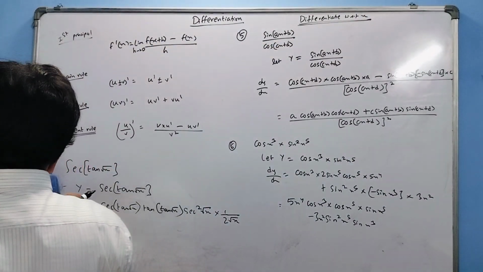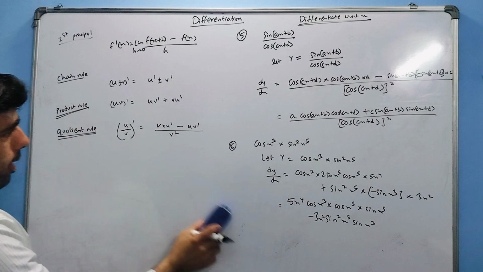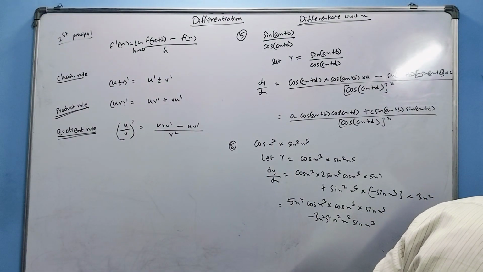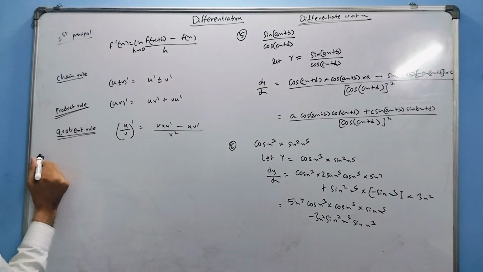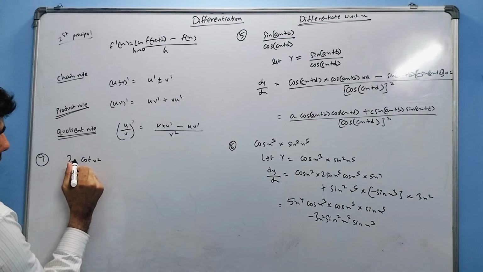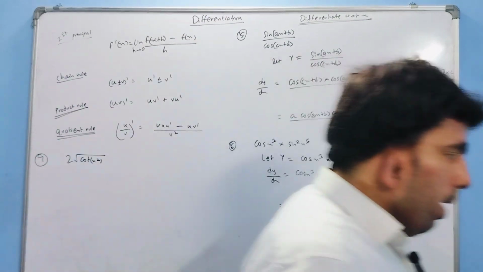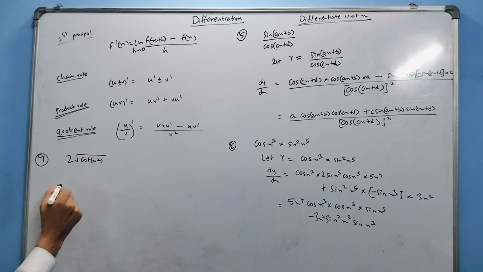Let us try to differentiate. Okay, so let us see what they have. In the seventh question we have 2 root of cot x square. Now let's try to do it in a very simple way.